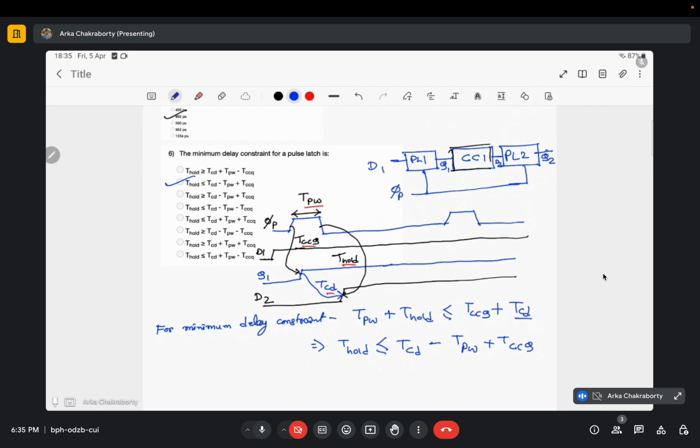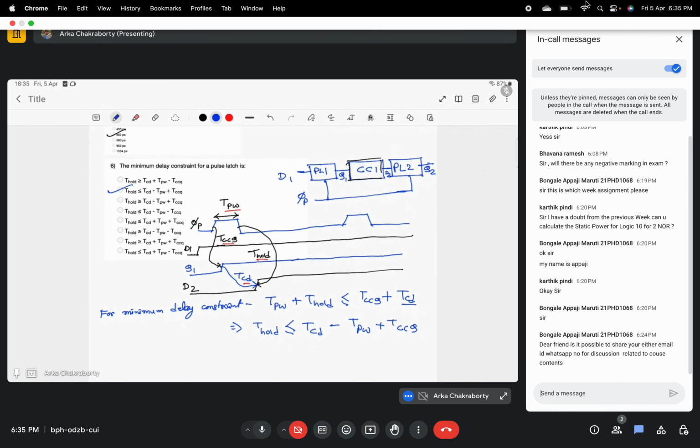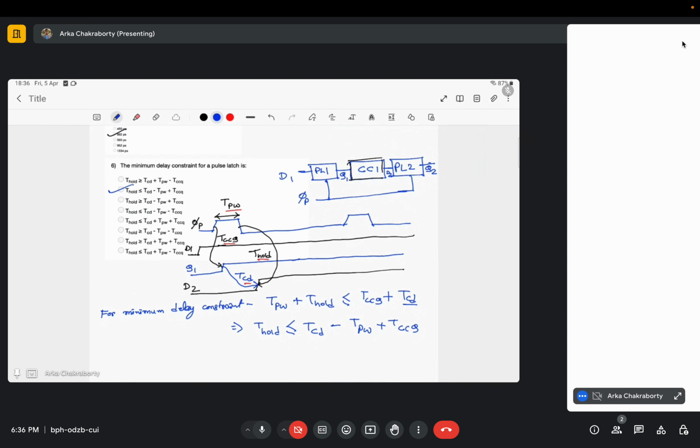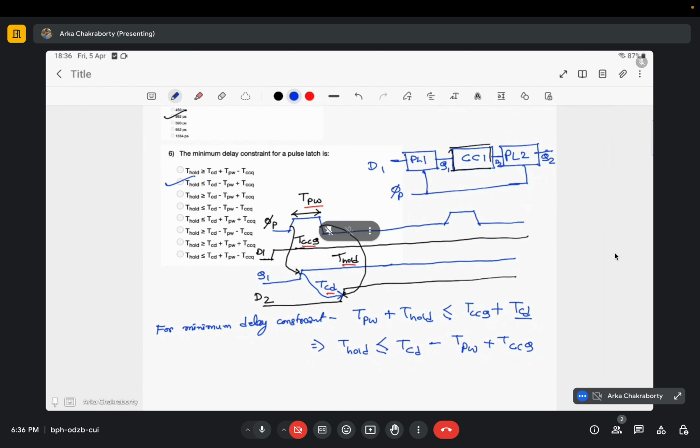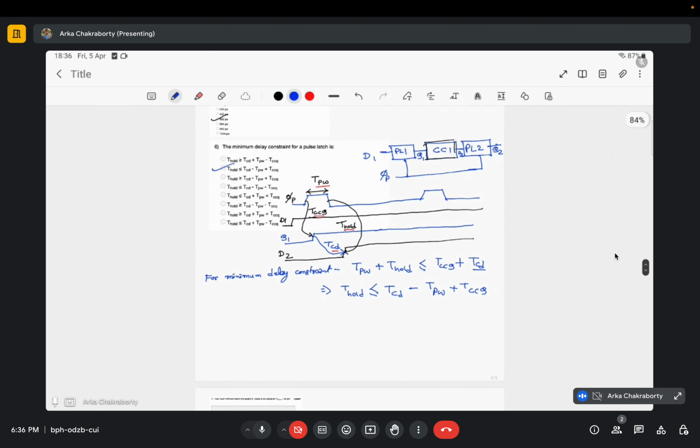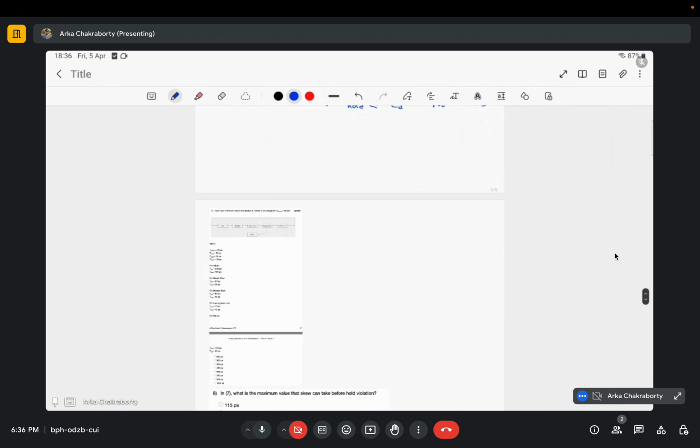T hold is less than or equal to T contamination delay minus TPW plus T contamination clock to Q. So this is the correct answer. Clear, everyone? Okay, fine. Then if it is clear, we can move to the next question, question number 7.